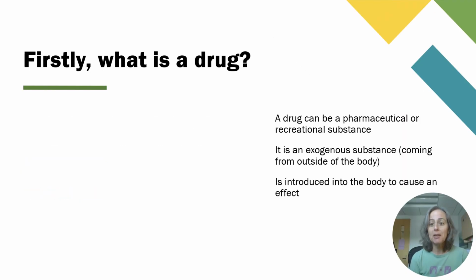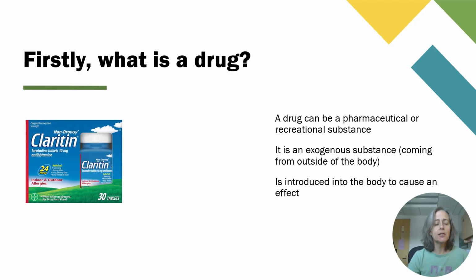Before we get into it, let's be clear about what a drug is. I'm going to use the word drug because it's quick and easy to type. A drug can be a pharmaceutical substance or a recreational substance, right? So the Claritin that I forgot to take this morning, so I might be a bit sneezy today, which is an over-the-counter pharmaceutical.